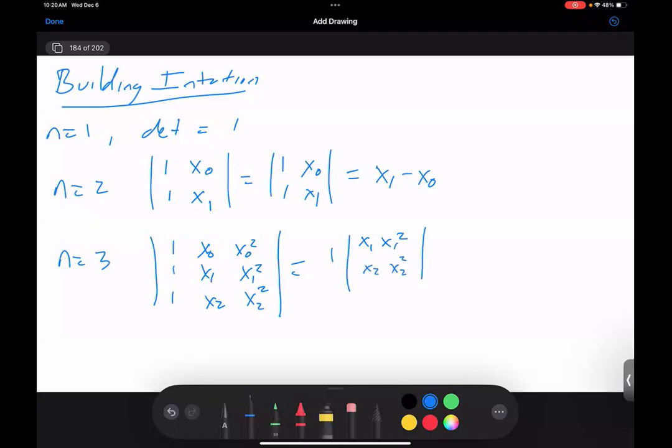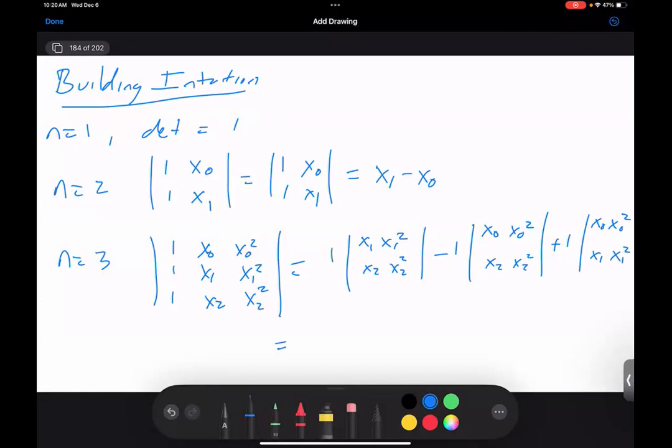x2 squared, minus 1, and then x naught squared, x2, x2 squared, plus 1, and then x naught squared, x1 squared.